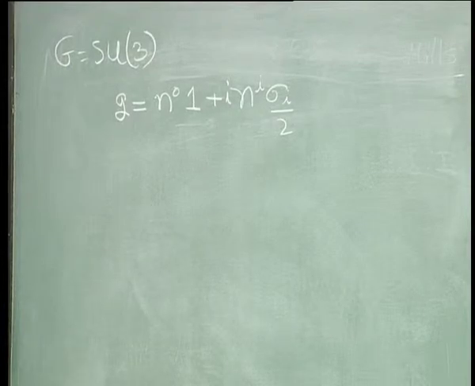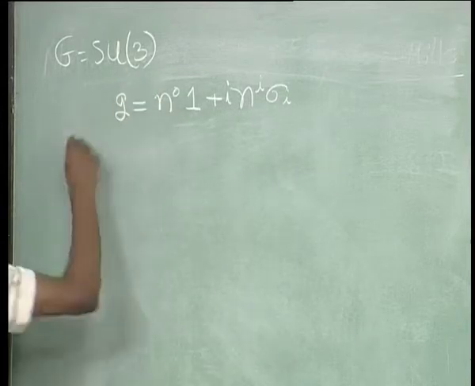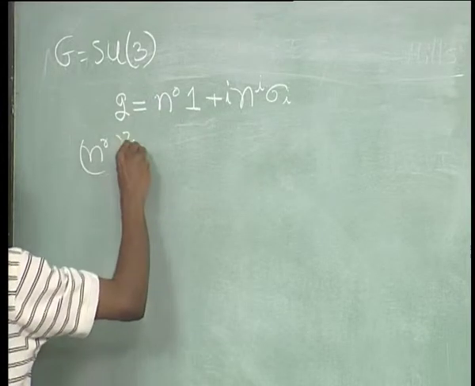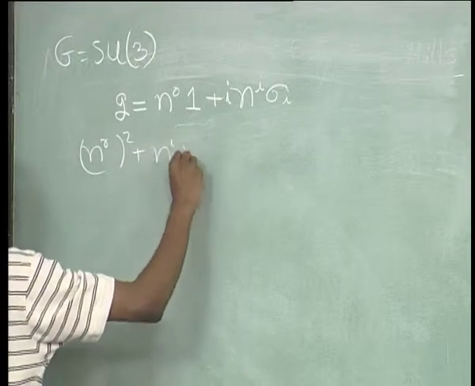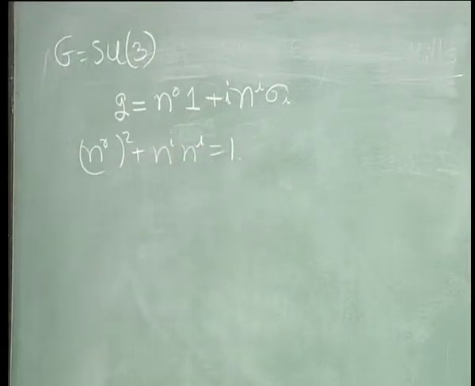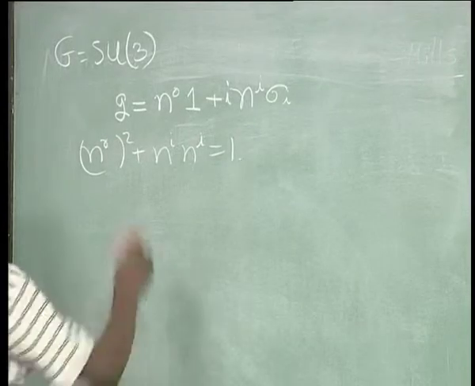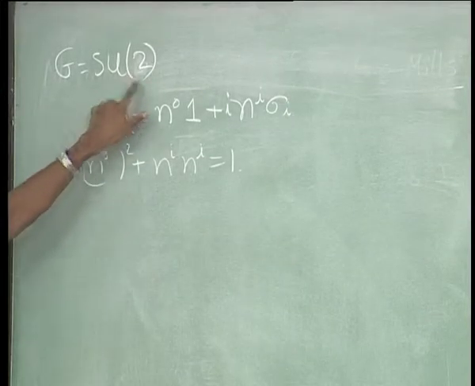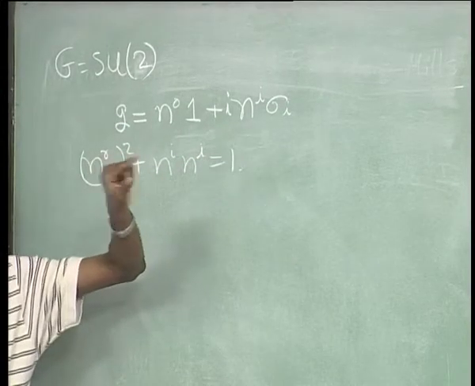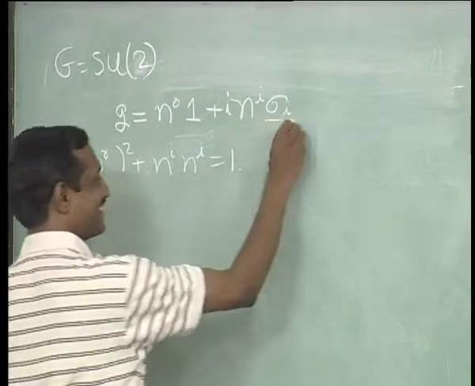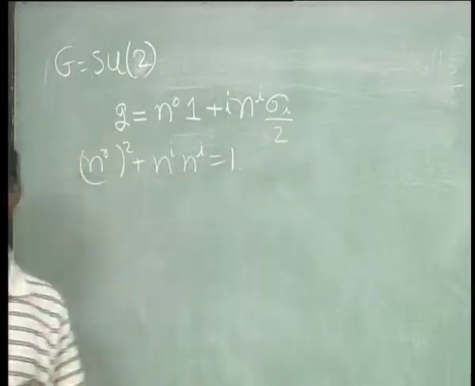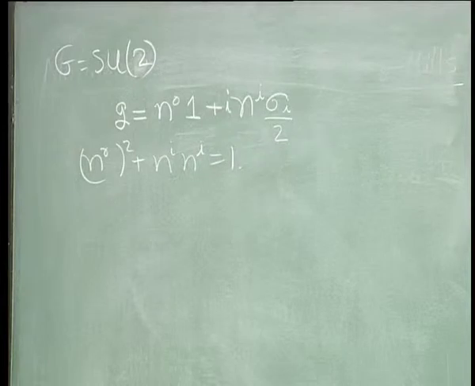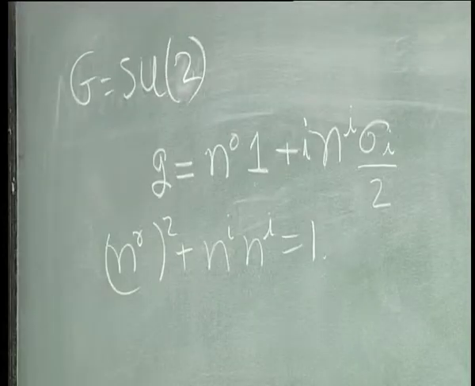We saw that for this arbitrary group element, N0 squared plus Ni squared equals 1, so the group manifold was an S3, a 3-sphere. Is this correct, or which 2 were you referring to? There should be a 2 here. So that is an easy way for me to fix this.